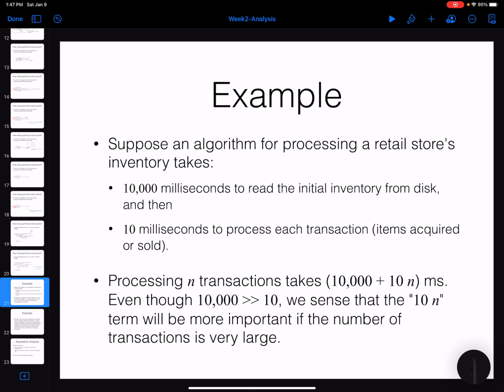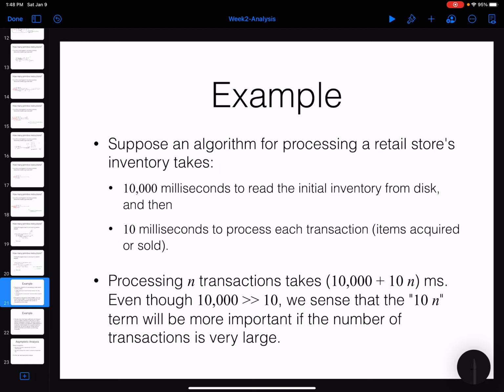Suppose you have written an algorithm for a retail store that will do the processing of the inventory. Assume that you are using a computer that takes, for example, 10,000 milliseconds to be loaded, so the initial part of the work would take this much time. And then for each transaction in the store, your algorithm would take 10 milliseconds to process that transaction.